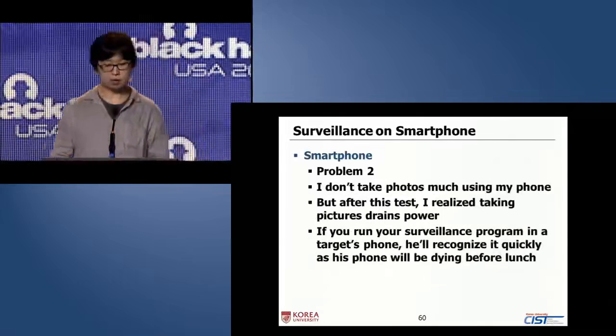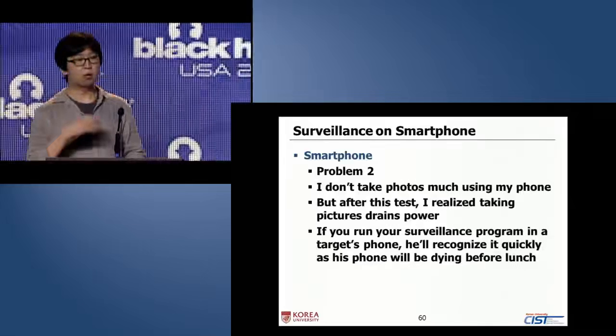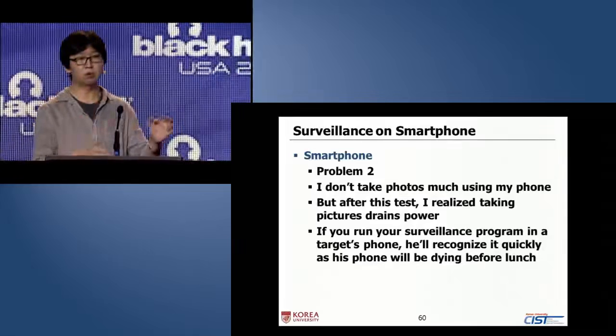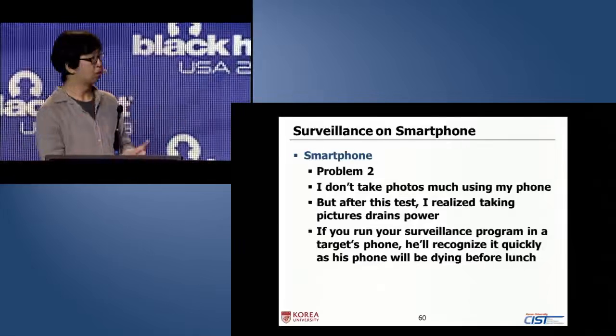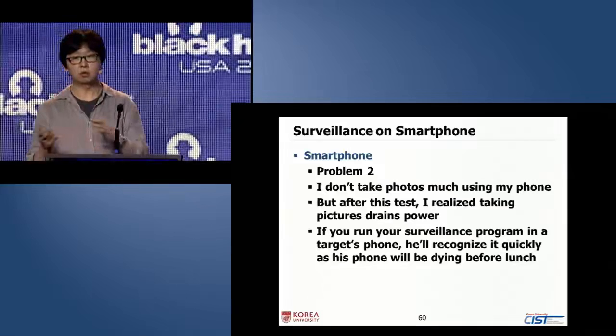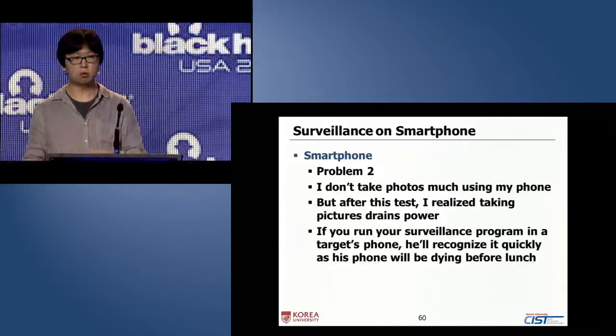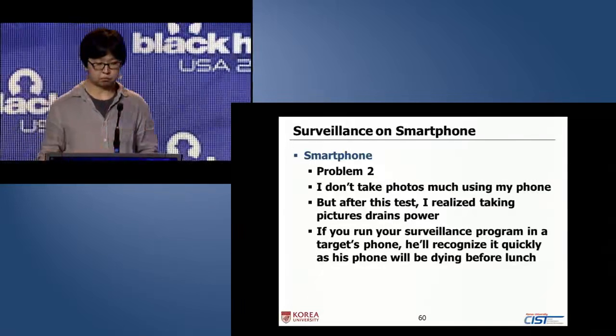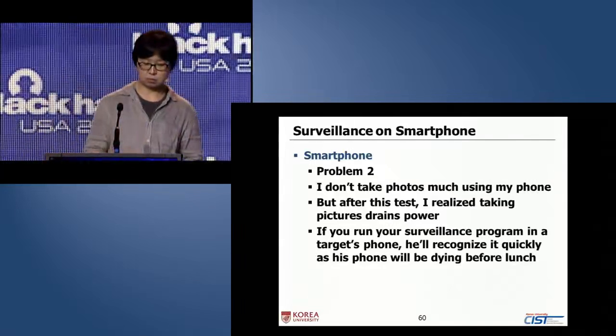The second problem is that if you take a lot of photos on a smartphone, the battery life goes down really fast. So people would say surveillance on a smartphone is really critical and really bad, but I realized these problems.